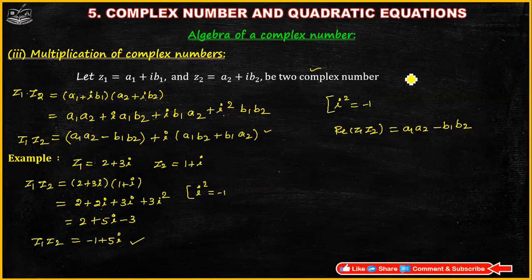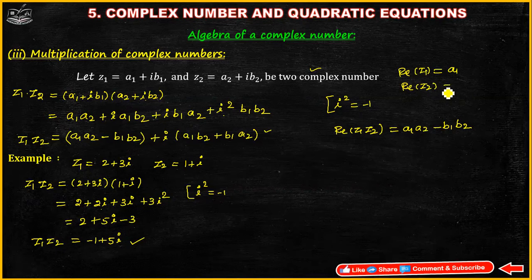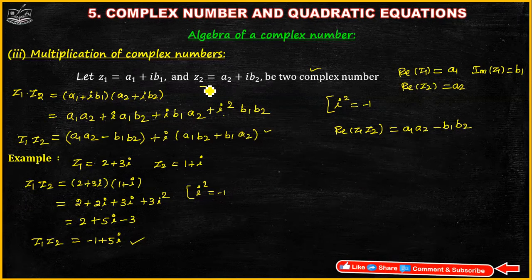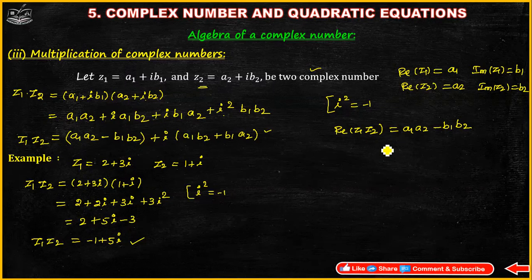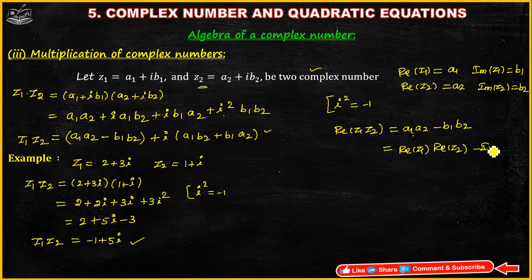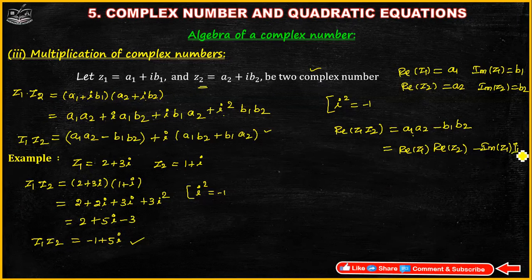What do we know? The real part of z1 is a1, the real part of z2 is a2, the imaginary part of z1 is b1, and the imaginary part of z2 is b2. So the real part of z1 z2 is equal to real part of z1 into real part of z2 minus imaginary part of z1 into imaginary part of z2. That's a very important result.